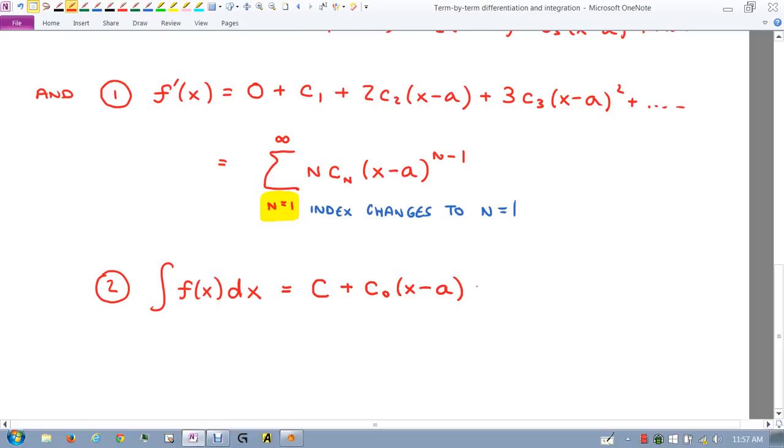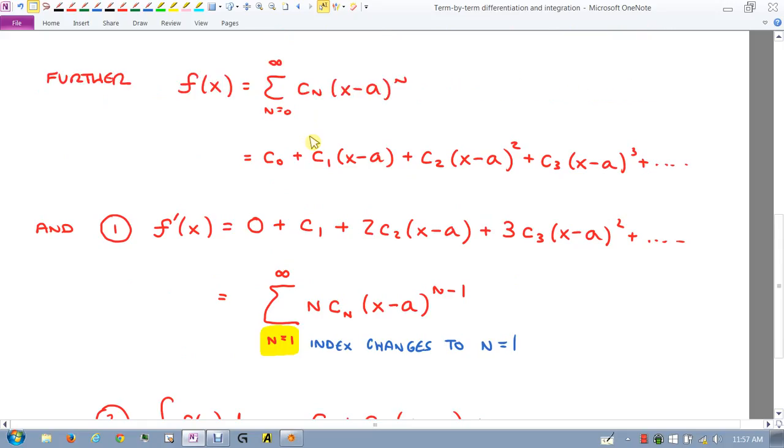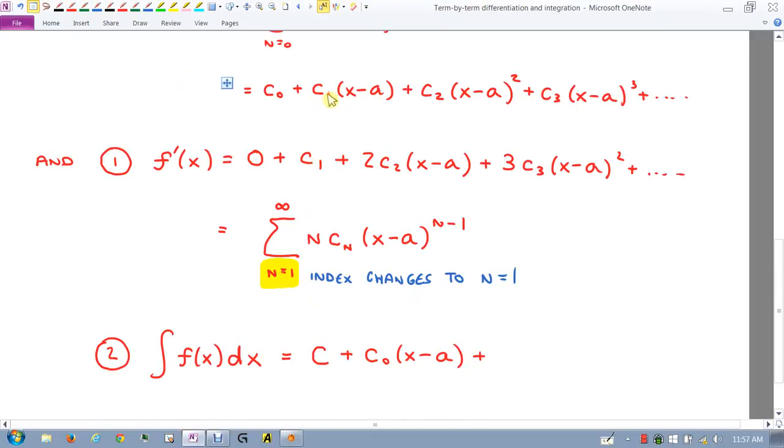What would the next one be? What's the antiderivative of, where are we? Right here? So C1 is going to be here, right? What's the antiderivative of x minus a? X minus a squared, but then over 2, right? So it'll look like this. C1 over 2 x minus a squared.